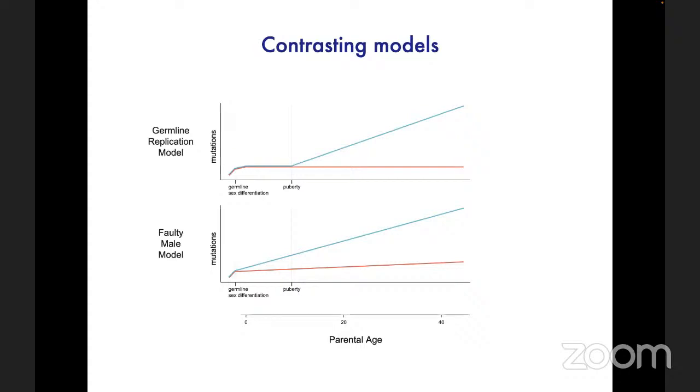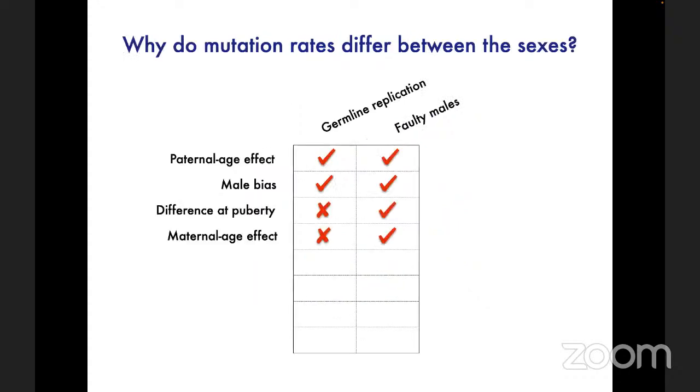Whereas if it's just damage and females are better at correcting them than males, then you expect some damage. And again, we should definitely include environmental damage, accumulating damage in the germline replication model. It's silly not to include it. So you could add that to that model, but on the face, it's more consistent with the faulty male model than the germline replication model.